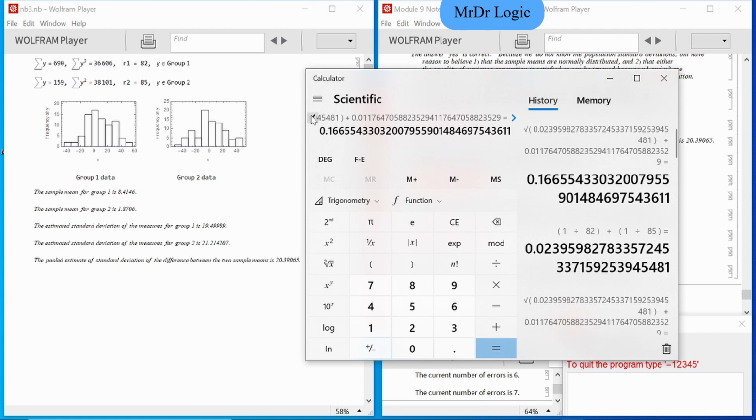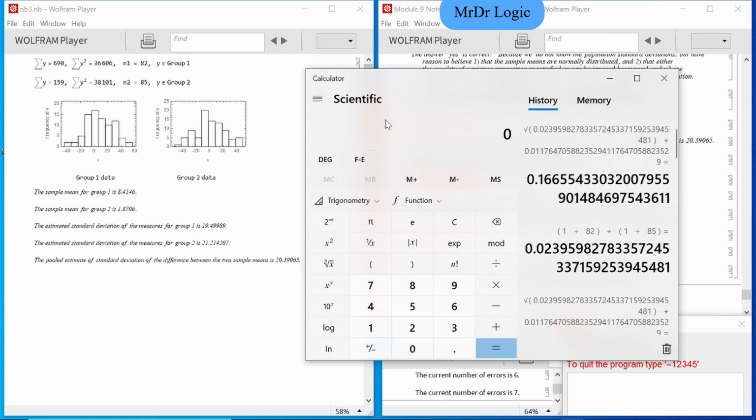See, where is this addition coming from? Okay, you know what? I'm just going to do it on my other calculator, because I don't understand where that's coming from. 1 divided by 82 plus 1 over 85. Okay, square root it all.